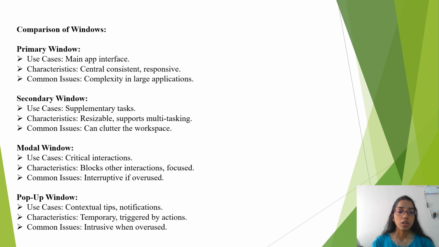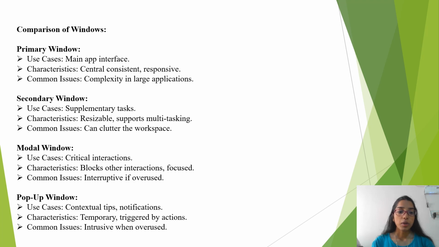Next, secondary window. The use case of this secondary window is supplementary tasks, the characteristics are resizable and supports multitasking, and the common issue is it can clutter the workspace.